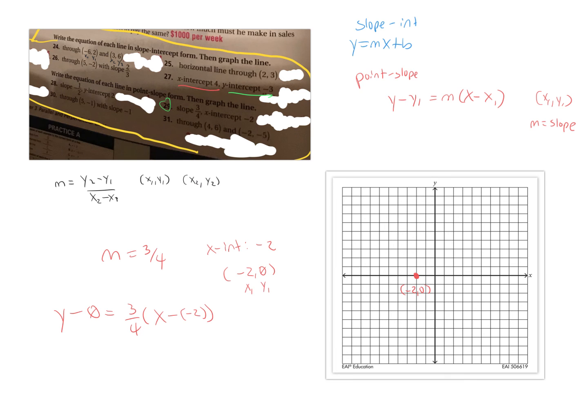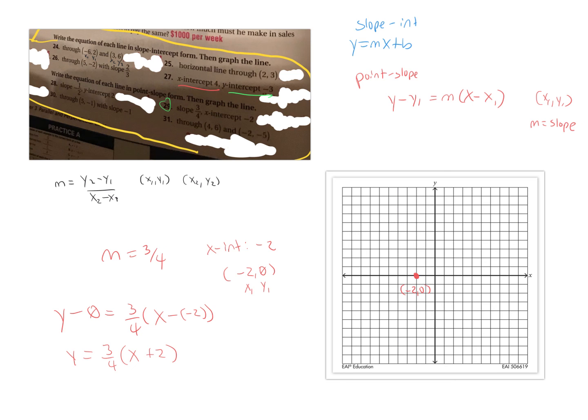Now, I do believe that the teacher would be happy with this. If the teacher wanted to simplify it further, you could say y equals 3/4 times x plus 2. All right, so I am certain that the teacher would most definitely accept this answer.